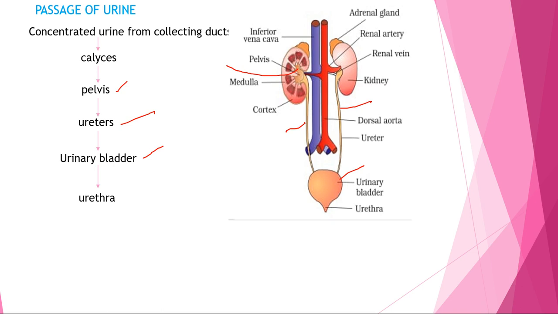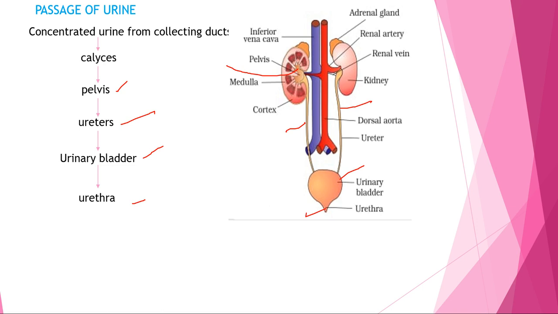Whenever it wants to pass out of our body, it will be passed out through the part called the urethra. This is about the passage of urine in the human kidney.